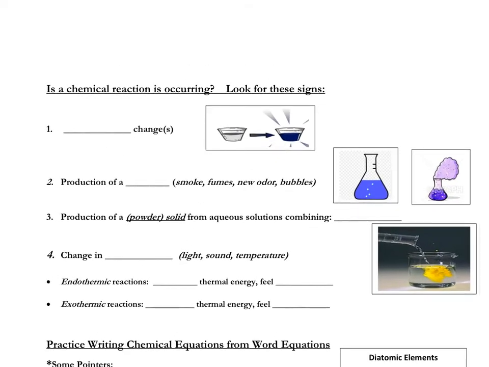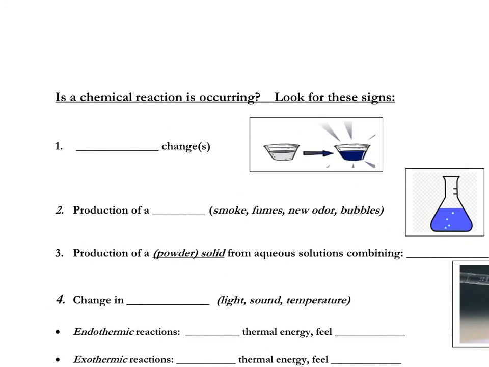So how do you know if you have a chemical reaction that's occurring? This is a recap, remember? Well, first of all, if you notice a color change. If two clear substances form a white substance, or two clear liquids form a yellow color, then that's an idea of a color change. That's a sign of a chemical reaction.